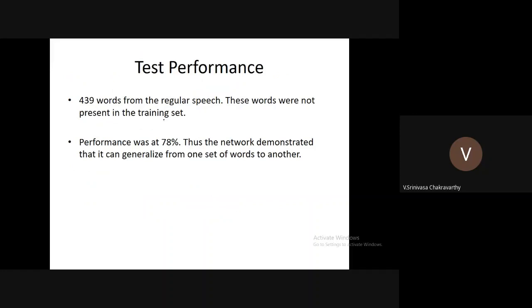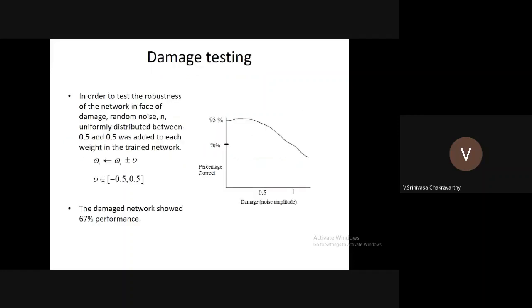Performance on the test set is somewhat lesser than the training performance, but still reasonable. It's not very bad. One very important property of neural networks is what is called graceful degradation. If you damage the network gradually, the degradation in the output also happens gradually, or gracefully.